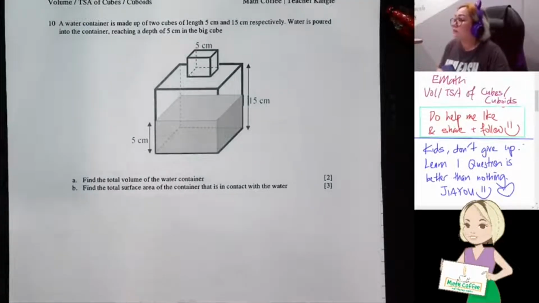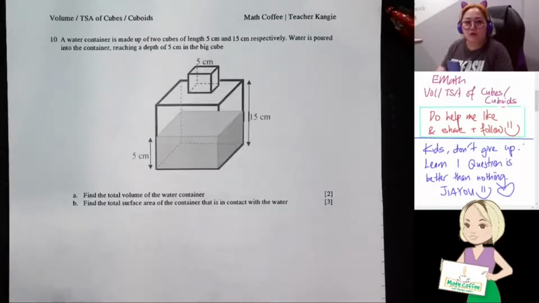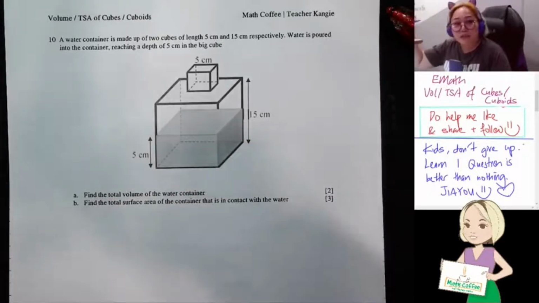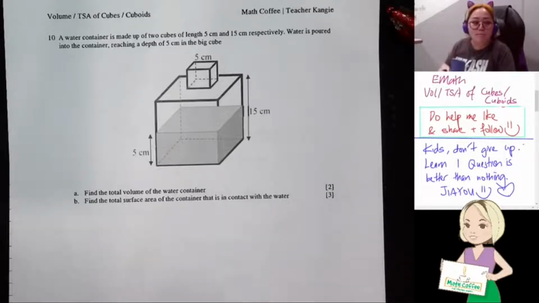Wow, so hardworking, you all reached 13K already. For those who are not so sure how to play with the light thing, this is Normal Tech, Sec 1 Normal Tech volume and total surface area of cubes and cuboids. You can tap on the screen all the way. You can do combo light.